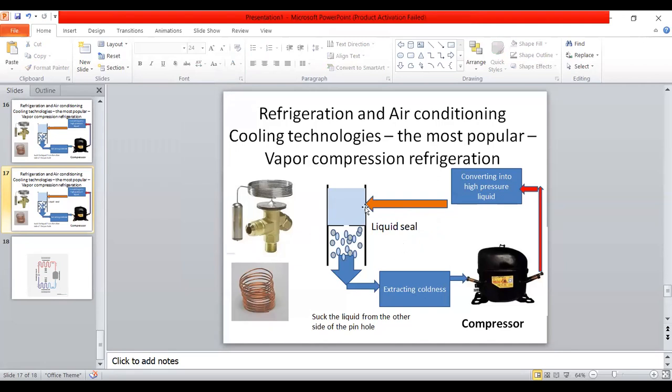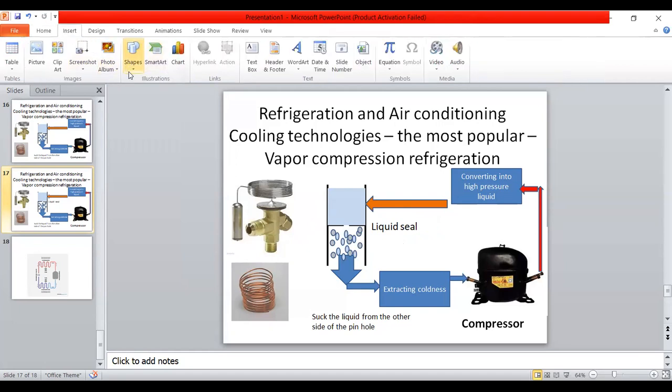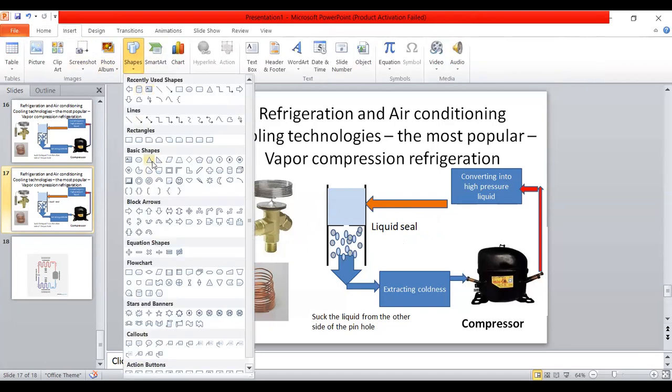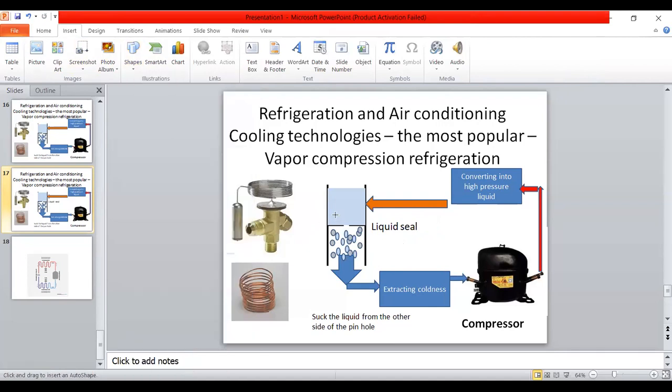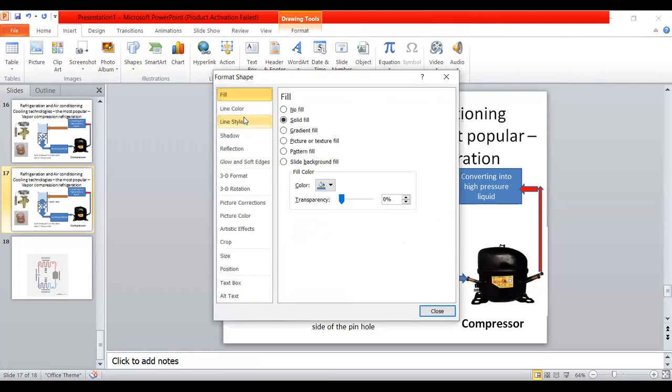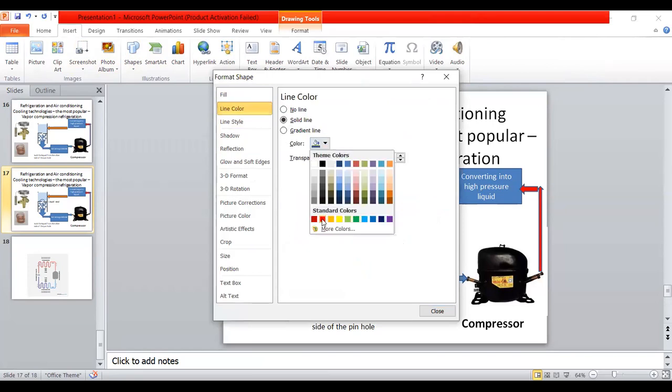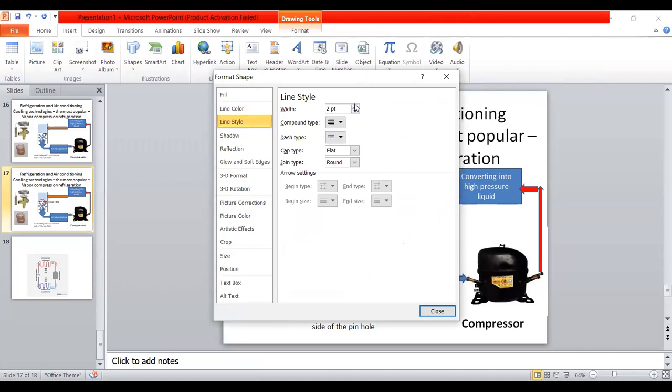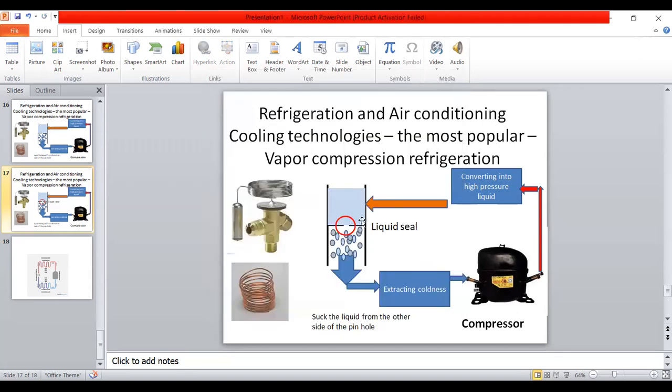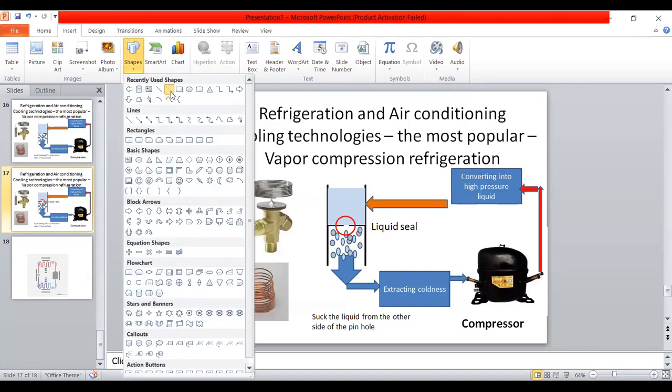You can see the liquid seal. It's a must.